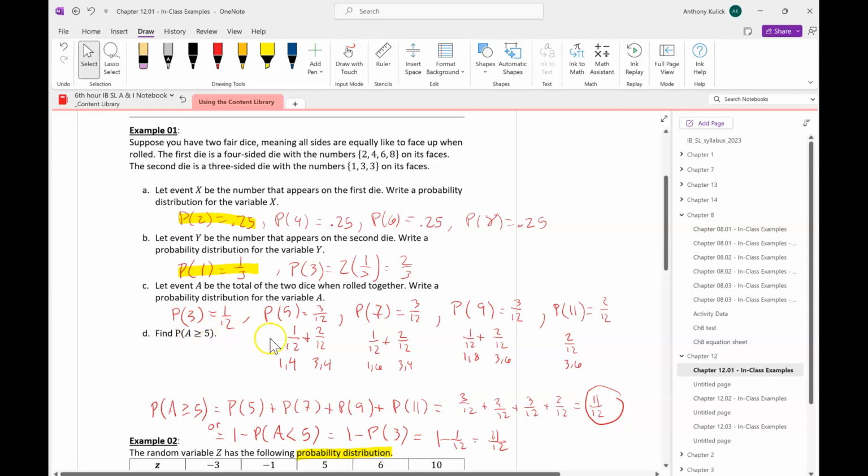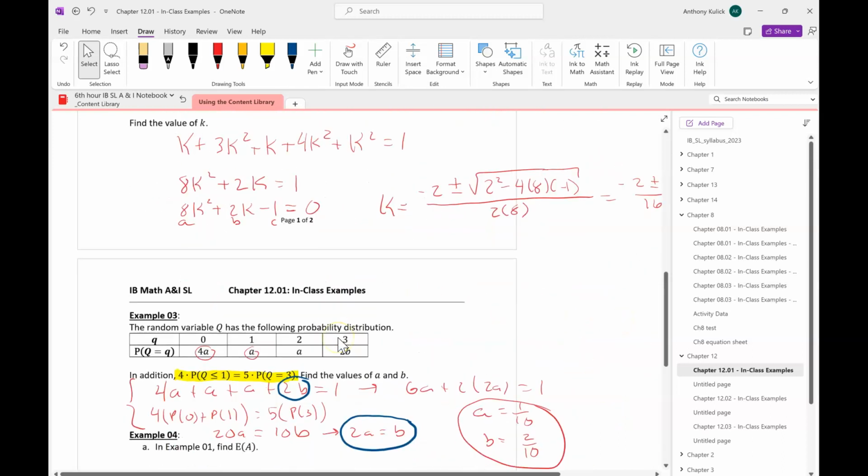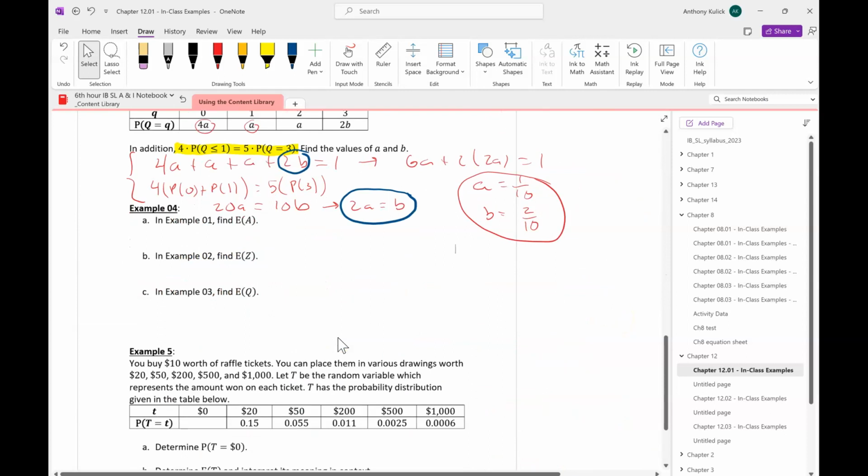So 3 times 1/12, plus 5 times 3/12, plus 7 times 3/12, plus 9 times 3/12, plus 11 times 2/12. So it's the outcome times probability for the entire probability distribution.